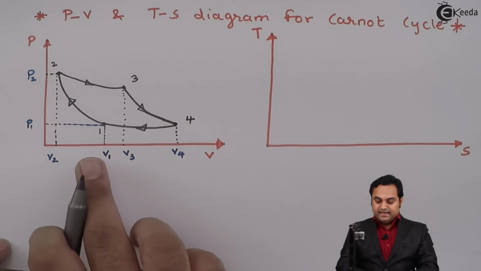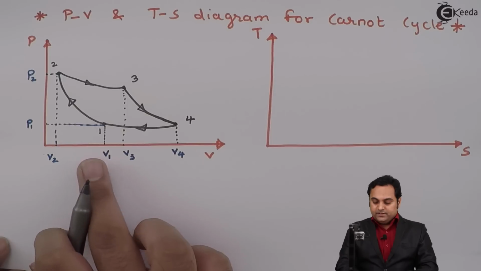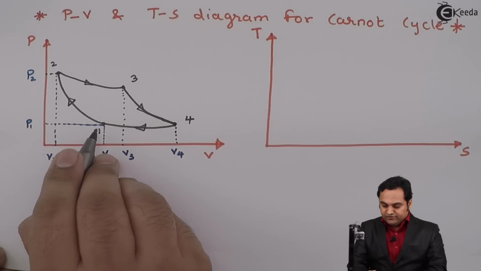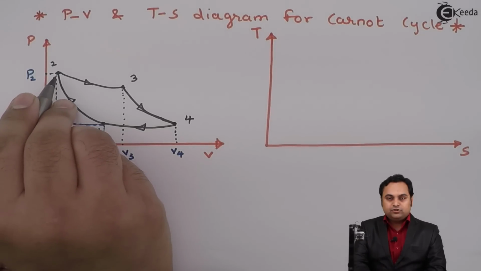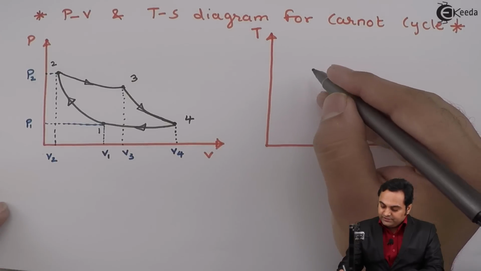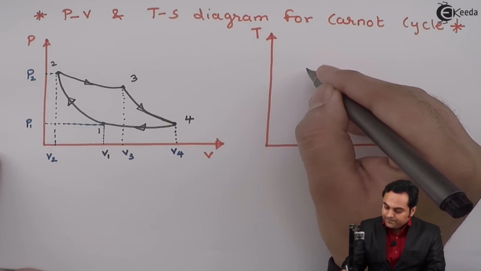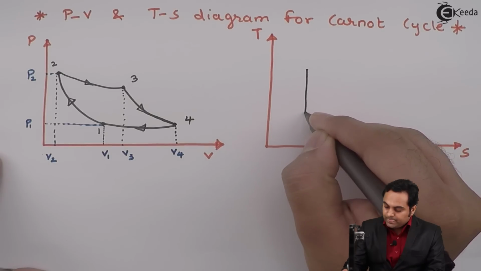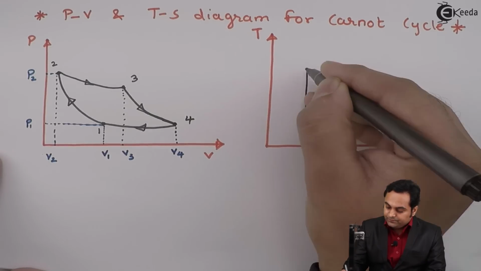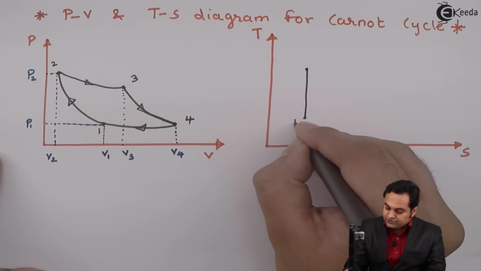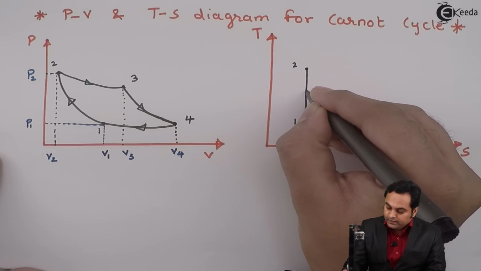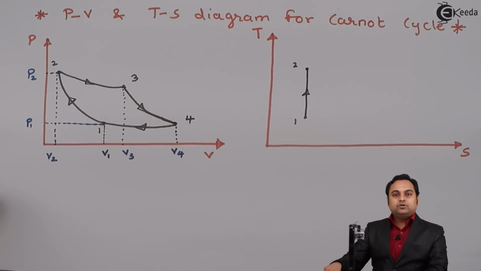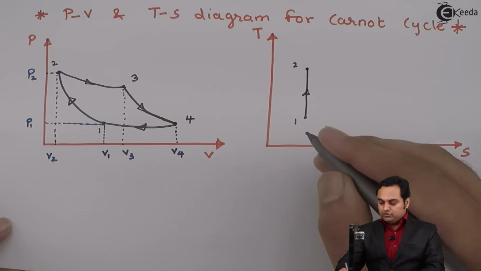Next, similarly, as I have drawn the PV diagram, that is the pressure volume diagram, I'll draw the temperature entropy diagram. The first process is reversible isentropic compression. So on the TS diagram, entropy should remain constant because it is isentropic process. So here I'll denote this is process 1 to 2, and since the process is isentropic, entropy should remain constant.